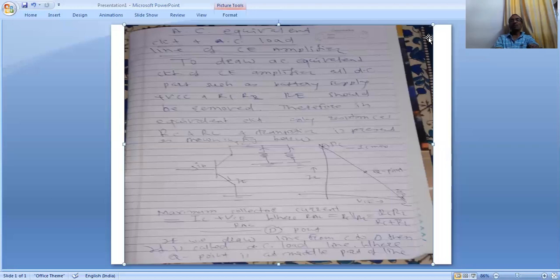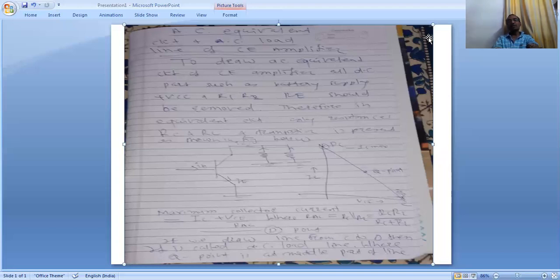How does it come? 1 upon RAC equal to 1 upon RC plus 1 upon RL. Therefore, 1 upon RAC equal to RC plus RL divided by RC RL.